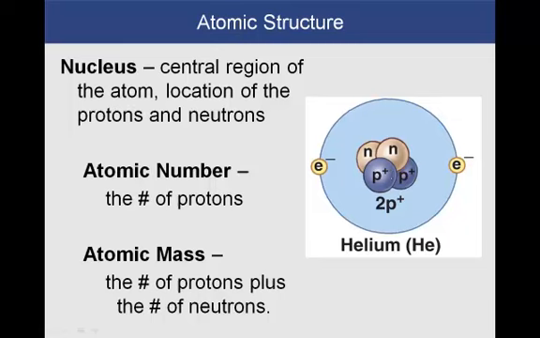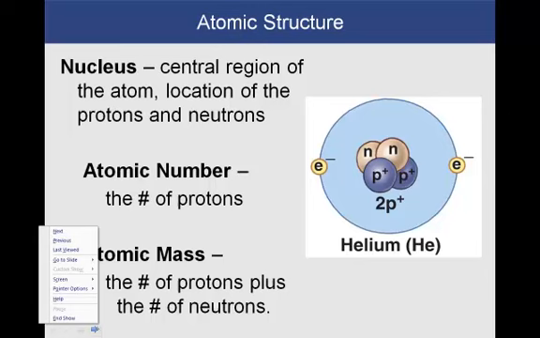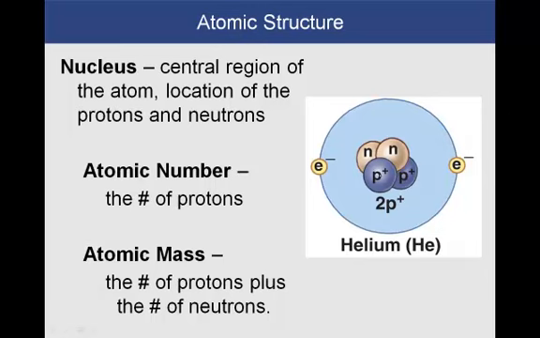So if you're on the moon, your weight may be less than if you're on Earth, but your mass doesn't change unless you went on a weight loss program on the way to the moon. But protons and neutrons together make up atomic mass. So the atomic mass of helium is going to be 4 because it has 2 protons and 2 neutrons.